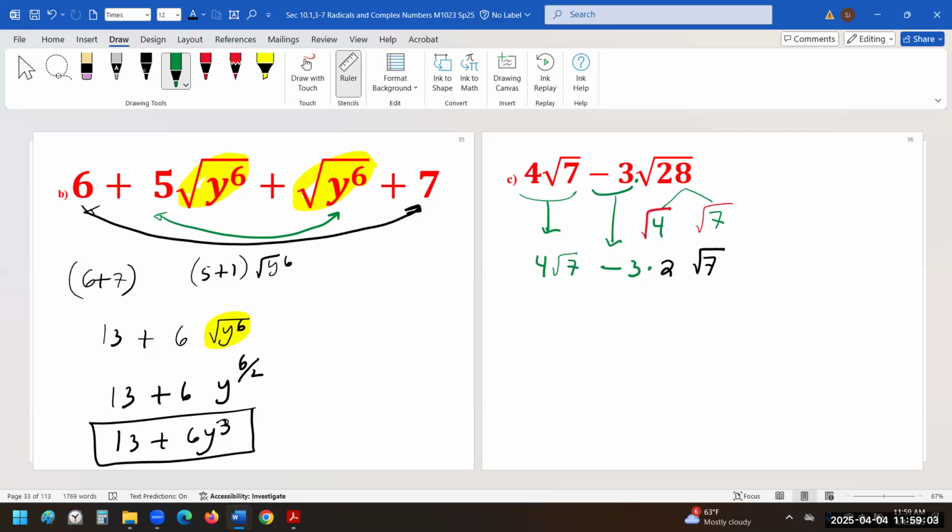So we have 4 square root of 7 minus what? 6 square root of 7. Now, do you have the same radical with the same radicand? Yep. So can we add their coefficients? What do you have? 4 minus 6? Negative 2 square root of 7.